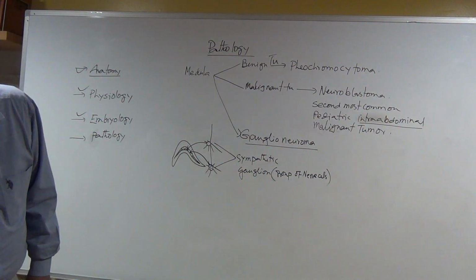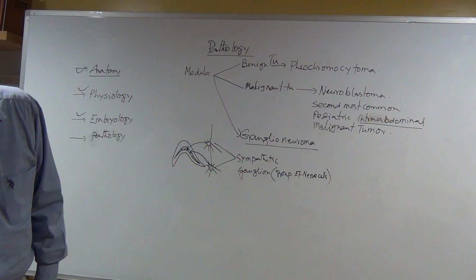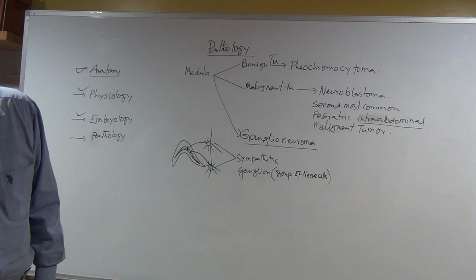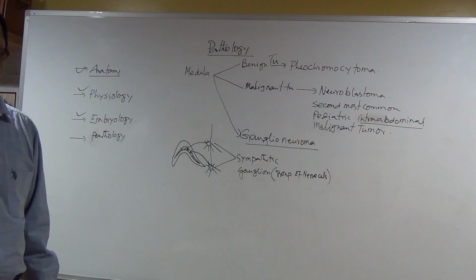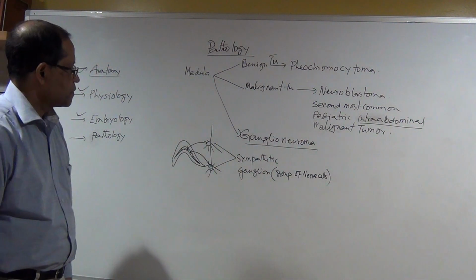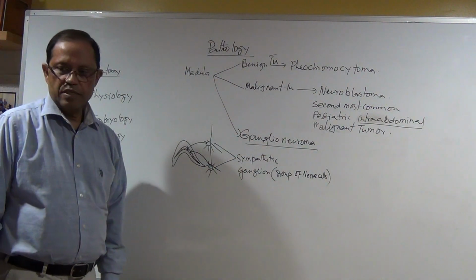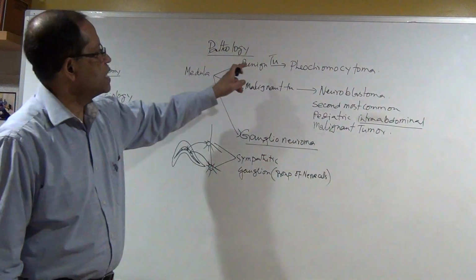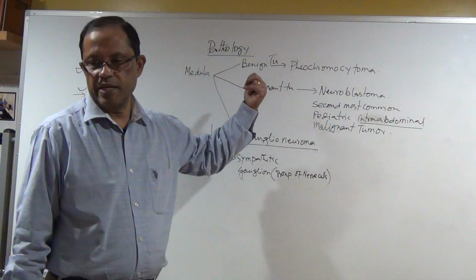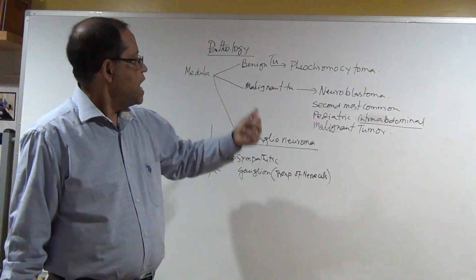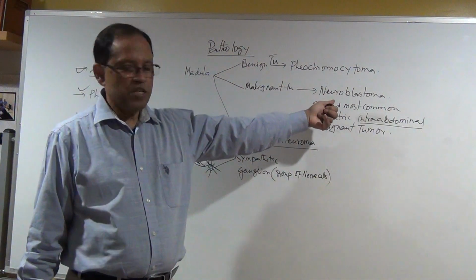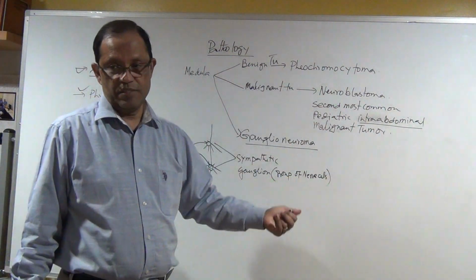So now, ganglioneuroma is a benign tumor of the sympathetic nervous system composed of mature ganglion cells. It's a rare solid mass. Okay, so know these three types of tumor. One is pheochromocytoma, which is benign, and malignant is neuroblastoma, the second most common.